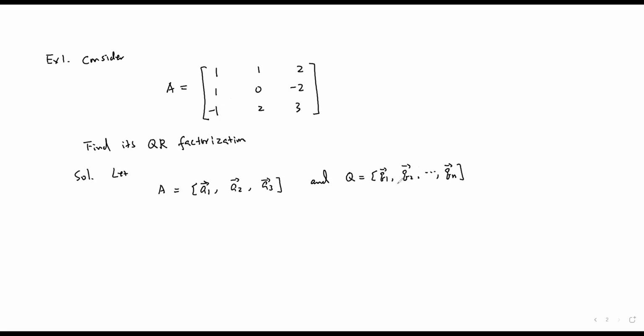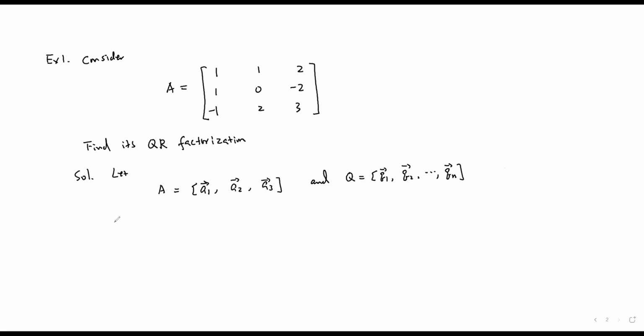Because Q is orthogonal, the columns are orthonormal. That means they are orthogonal to each other, and each column is a unit vector.